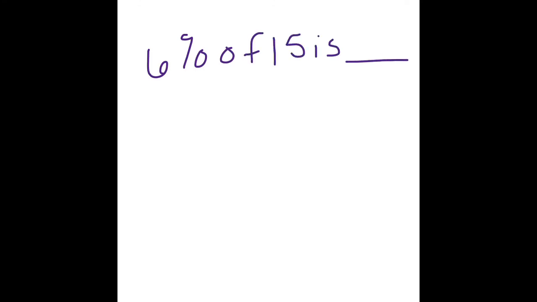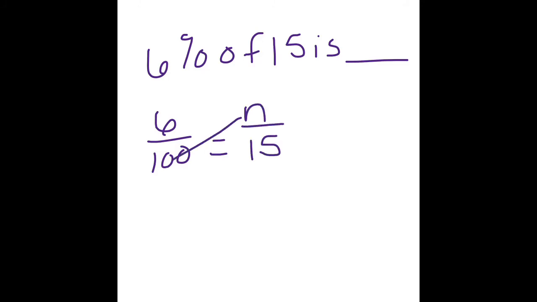Number 7. 6% of 15 is blank. So for this one, we're going to use the first one. So you're going to get 6 over 100 equals n over 15.